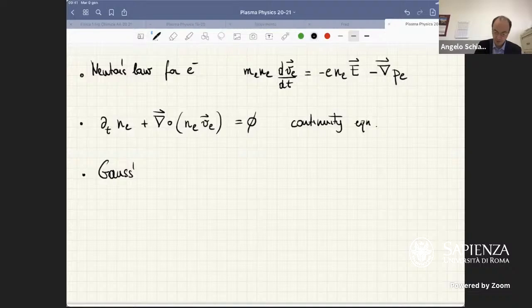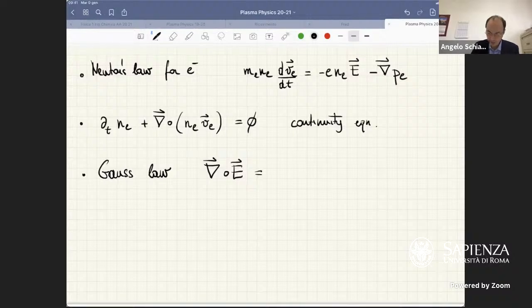Gauss's law states that the divergence of the electric field, so the source term for the electric field, is the charge density divided by epsilon naught.